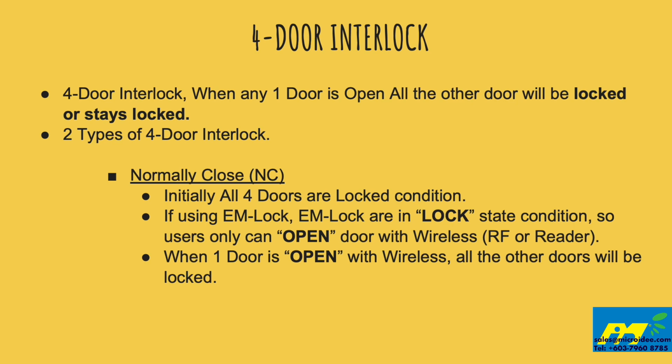The way we can unlock the door is by using our wireless reader or wireless RF. They will be able to trigger the door to be unlocked. So this is a 2-part system where we use the IO board plus a wireless system.